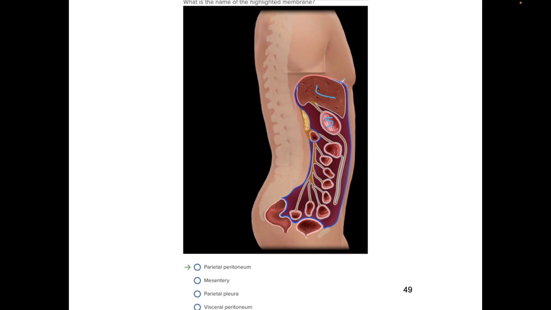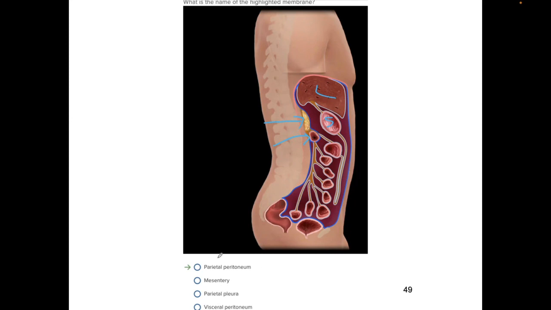But here, since this is lining the entire wall, going all the way around, if you look at that blue, the entire wall, with the exception of what looks like the pancreas and the kidneys, those are retroperitoneal, meaning behind the peritoneum.